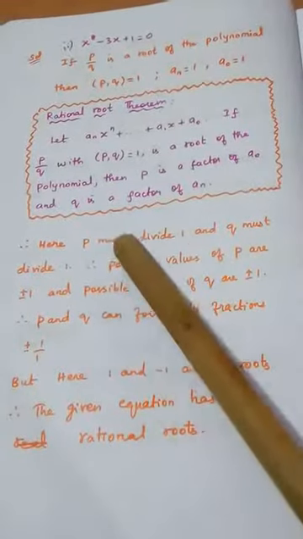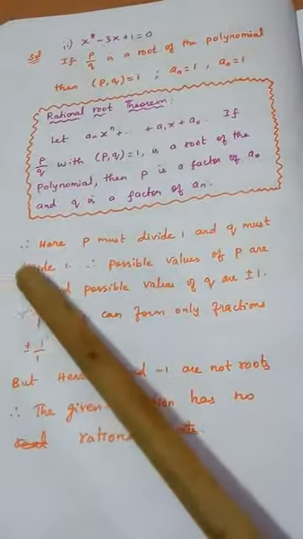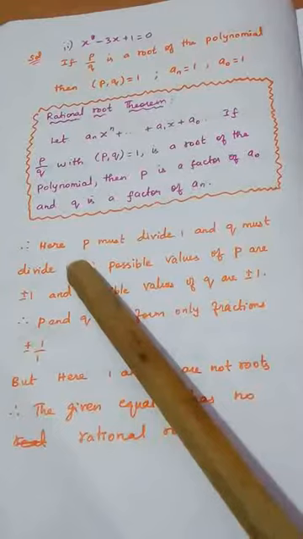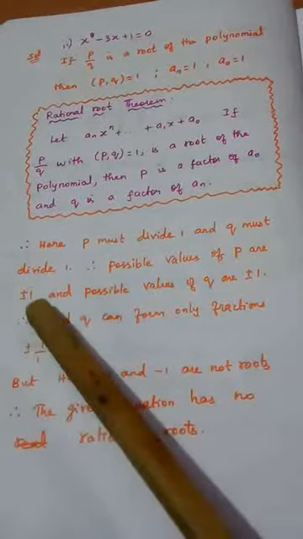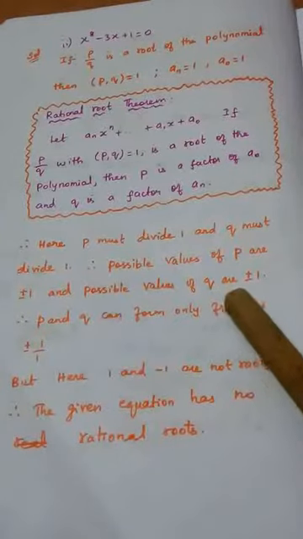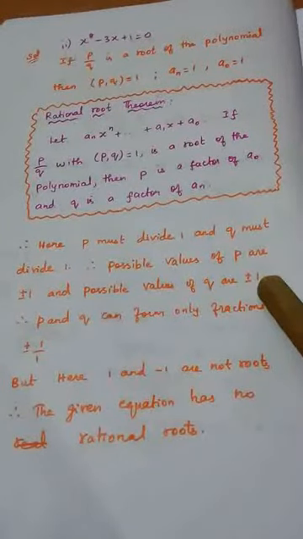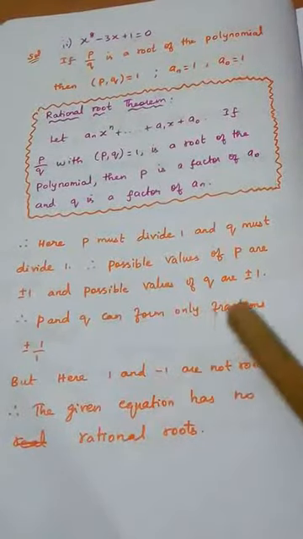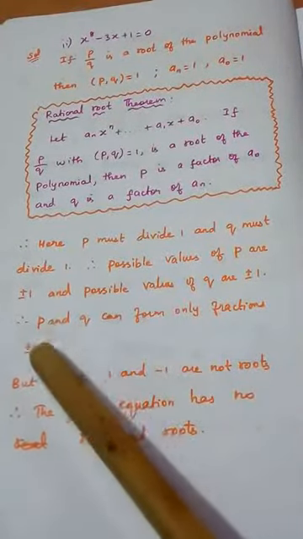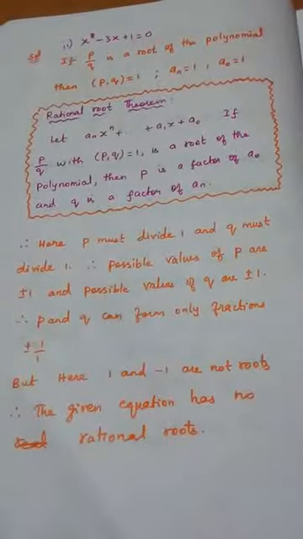That is, p must divide 1 and q must divide 1. So the possible values of p are plus or minus 1 and the possible values of q are only plus or minus 1, right? Therefore p and q can form only the fractions plus or minus 1 by 1. Can you guess how it is, or are you getting confused?